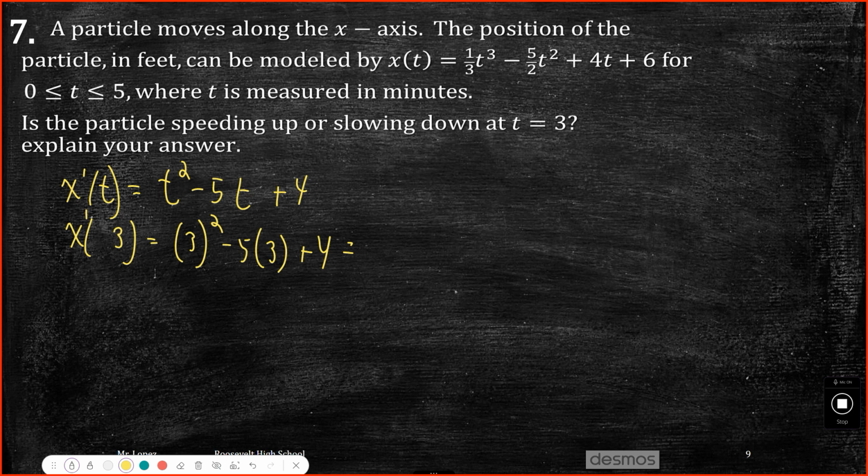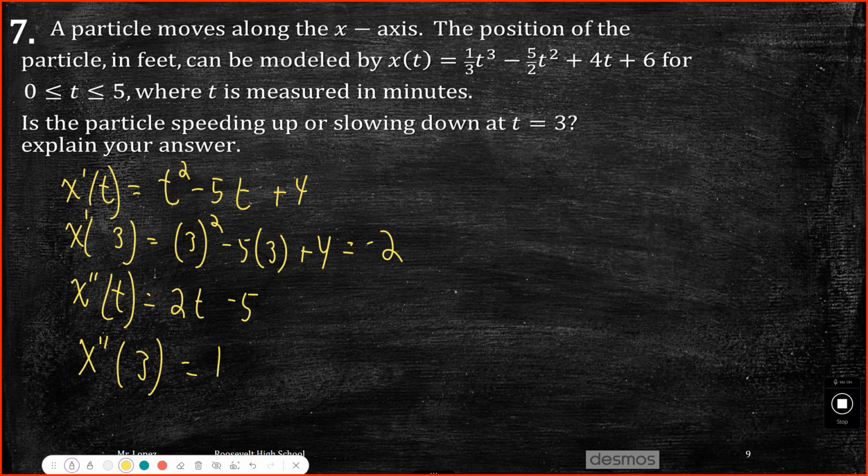We just care about the sign of it. 9 plus 4, 13 minus, that's a negative 2, that's a negative velocity. And x double prime of t would be 2t minus 5. X double prime at 3 would be 1.